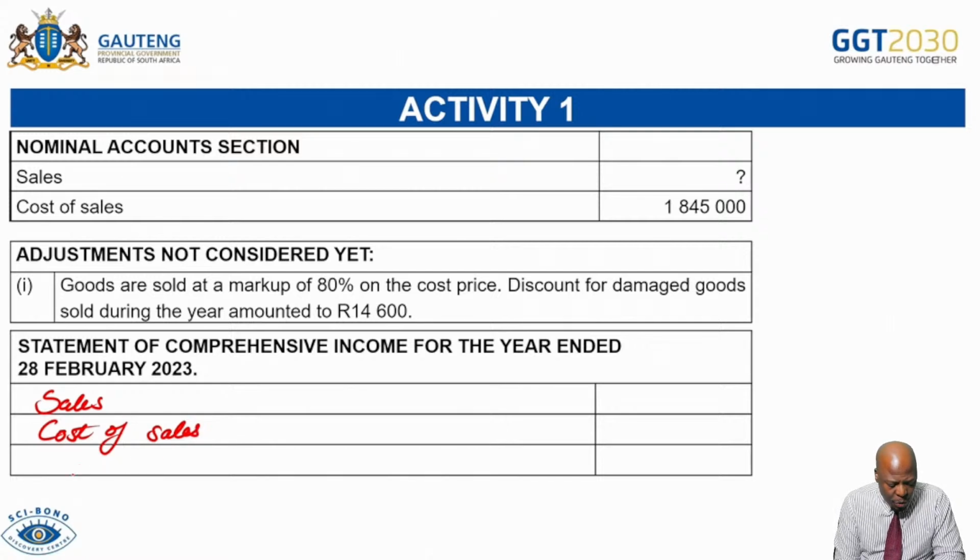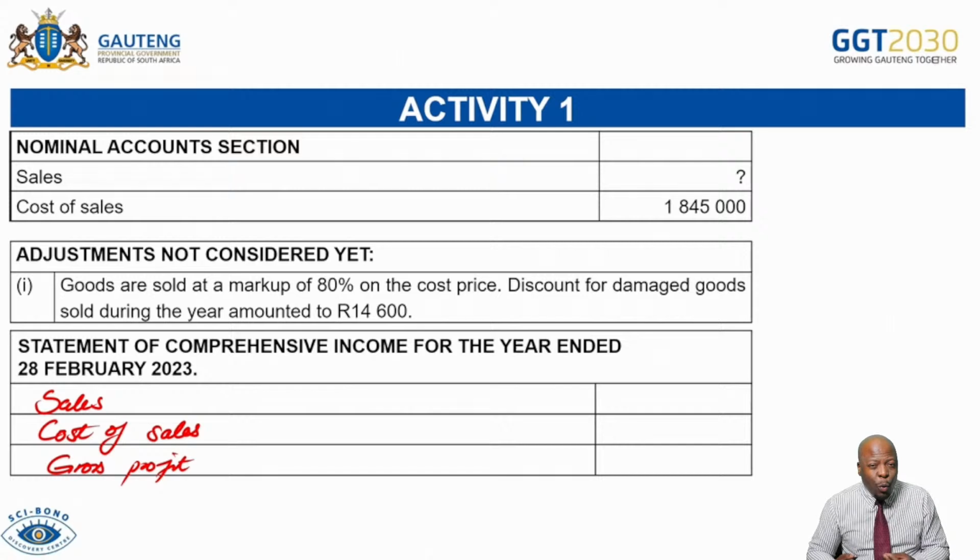And then that should give me what we call gross profit over here. This is my gross profit down there. Now, before I even put anything, I know this from grade 8, grade 9, grade 10. In grade 11, we did this several times, that my cost of sales is 100%. So I have 100% over here.